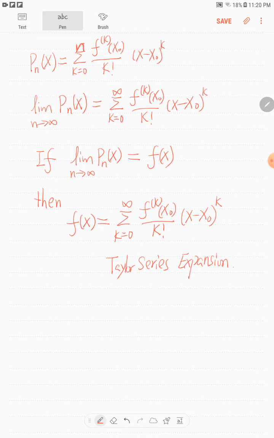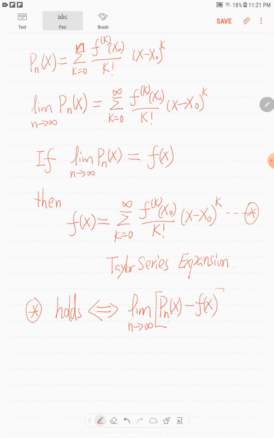So in other words, if we denote this by star, this star holds if and only if the limit as n approaches infinity of p sub n of x minus f of x is equal to 0. So in other words, the limit of the remainder r sub n is equal to 0.